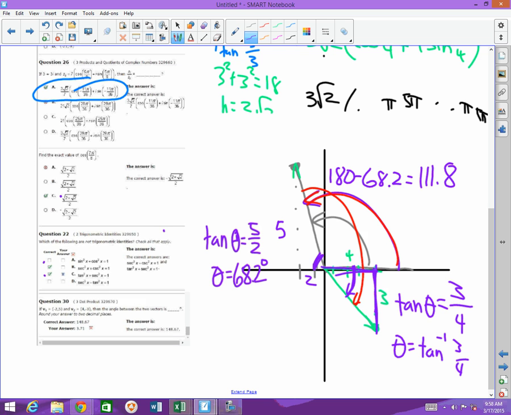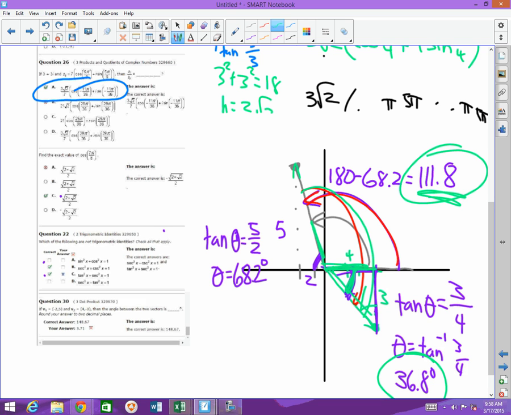And inverse tangent of 3/4 is 36.8 degrees. And so now this is 36.8 degrees. This angle right here is 111.8. And so then the angle from here to there is going to be 36.8 plus 111.8, which gets you 148.6.